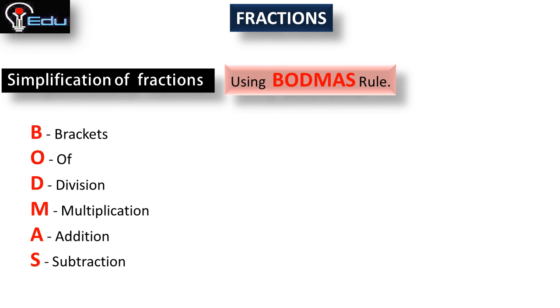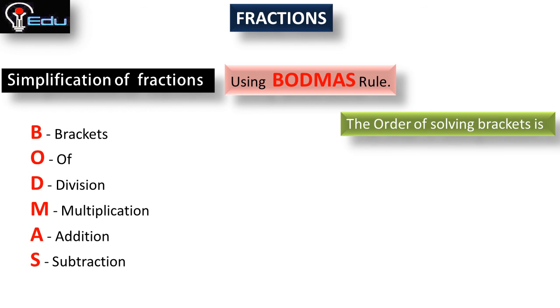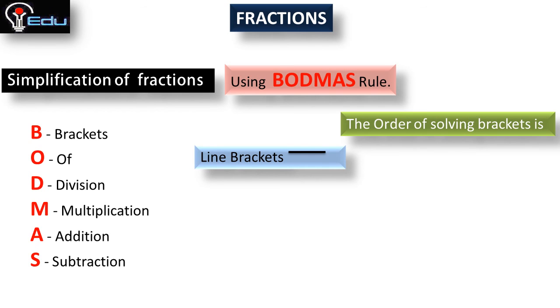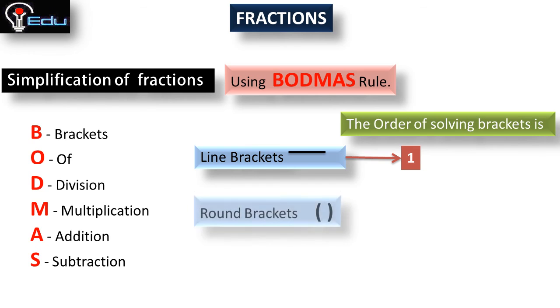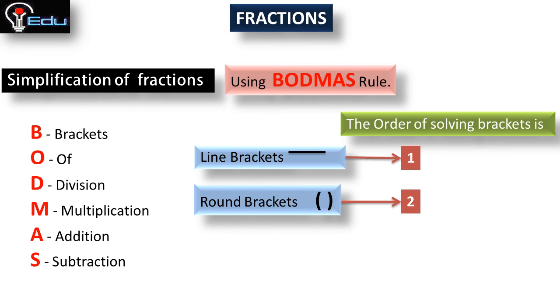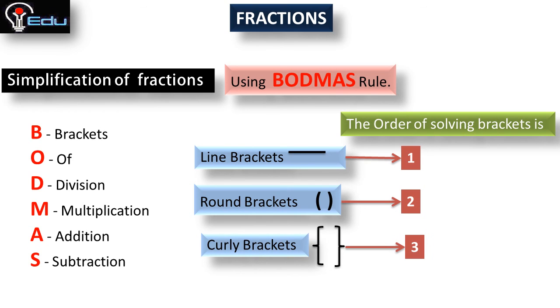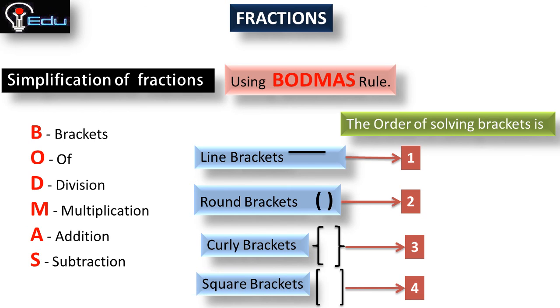For simplifying brackets also we have an order. The order of solving brackets is, first the line brackets, second the round brackets, third the curly brackets, and fourth the square brackets.